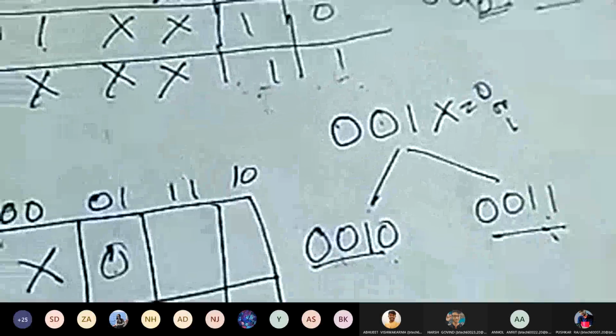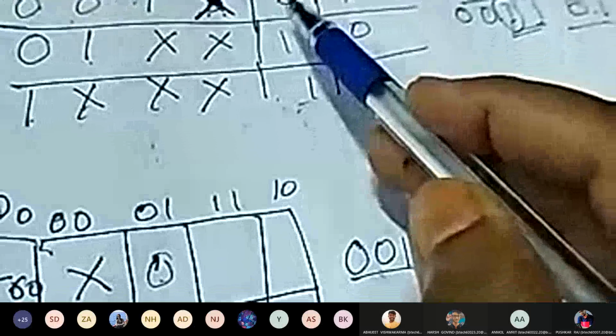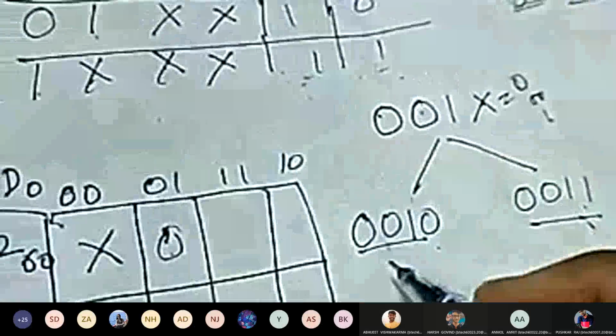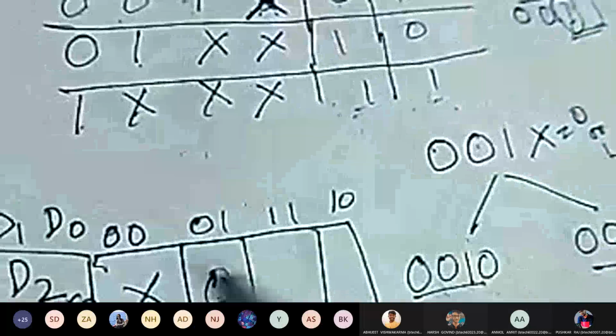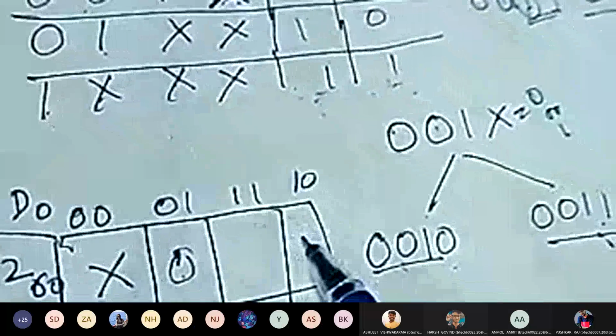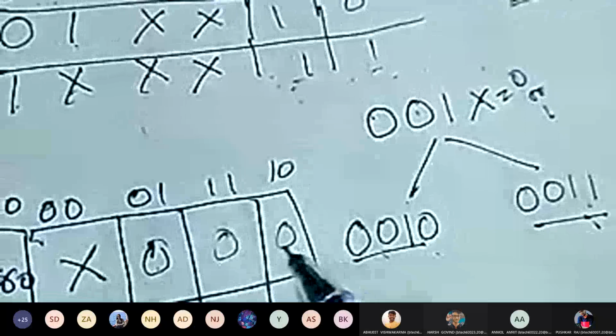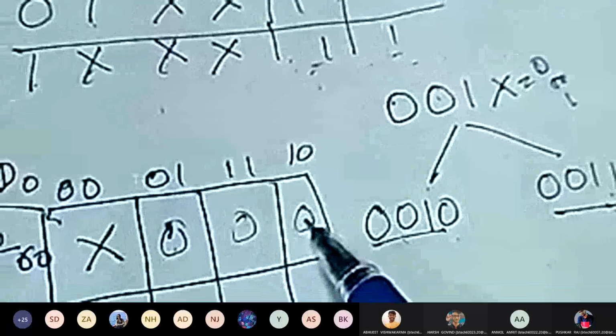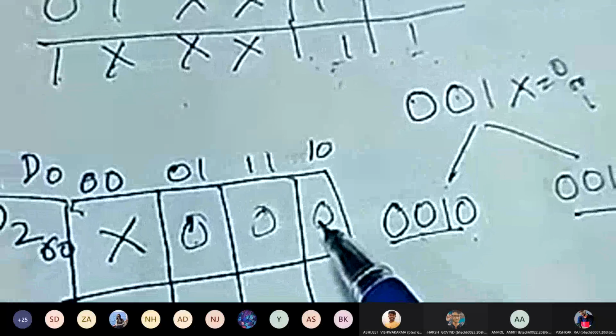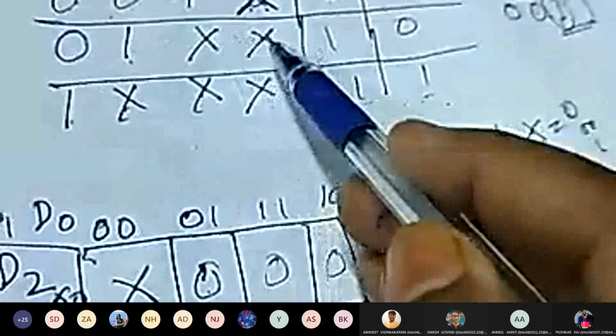In both cases, the value for A is 0. So 0, 0, 1, 0 is 0, and 0, 0, 1, 1 is 0. Is this clear to everyone? Okay, now we will go to the next part, that is 0, 1, X, X.